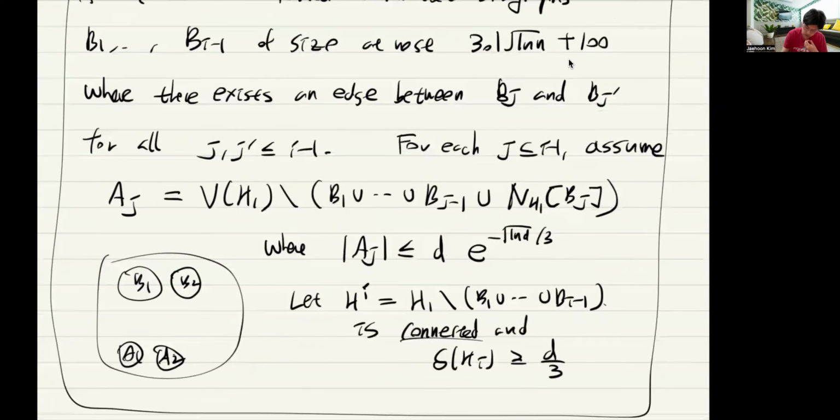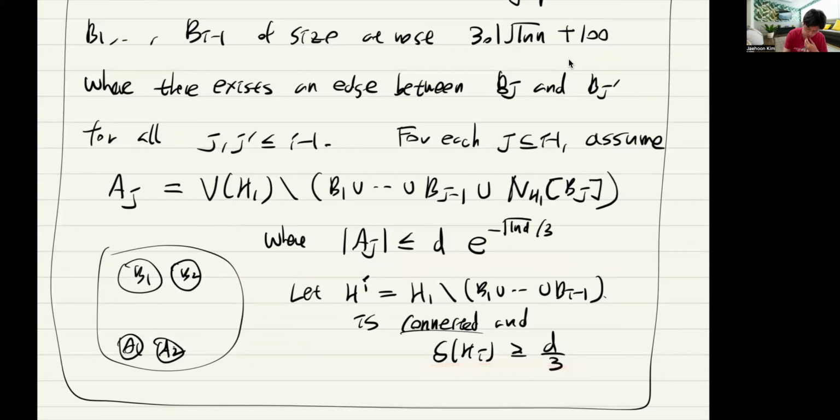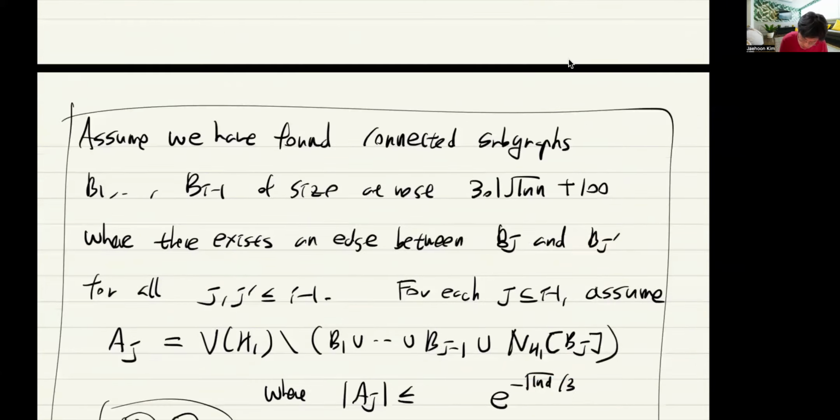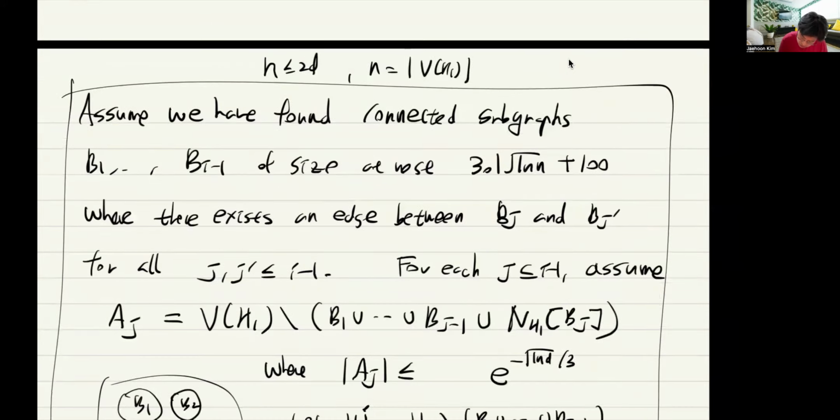Yeah, all the conditions are met. So your n is now more 2D. So each one of them. Okay, let's make it exactly the same. So let's say your n is more 2D, and n is the number of vertices in H1.